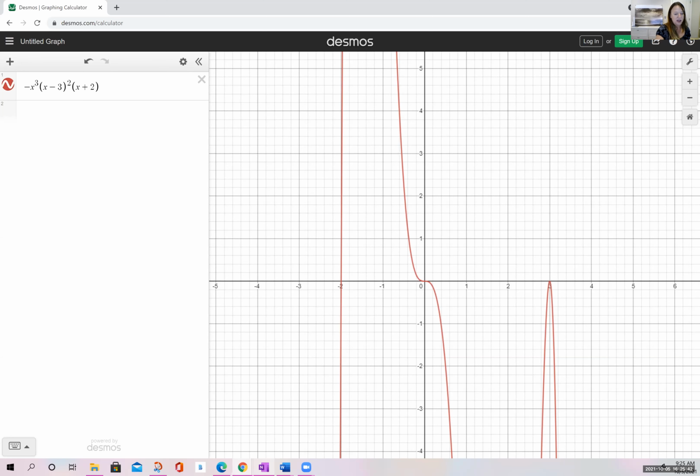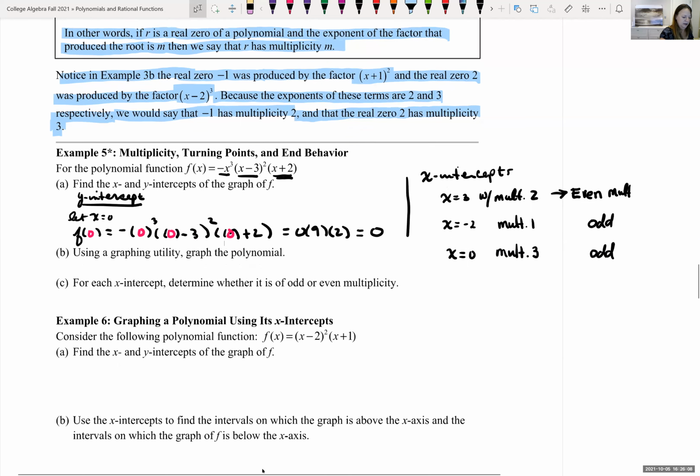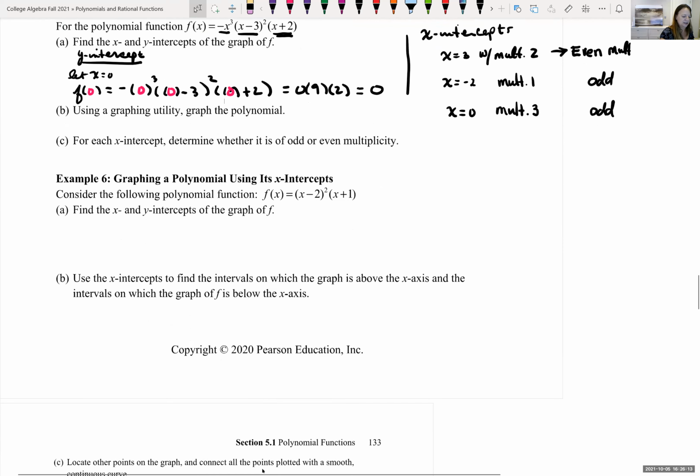So we'll see that when we have an odd multiplicity of a 0, that's going to make it cross the x-axis. And when we have an even multiplicity, our graph is just going to touch the x-intercept, change directions and go back from where it was coming from originally. Okay. So for each x-intercept, determine whether even or odd, and we just did that.